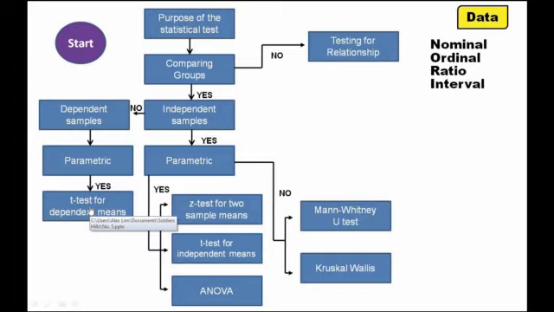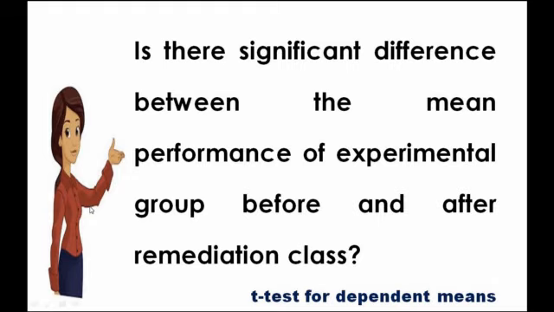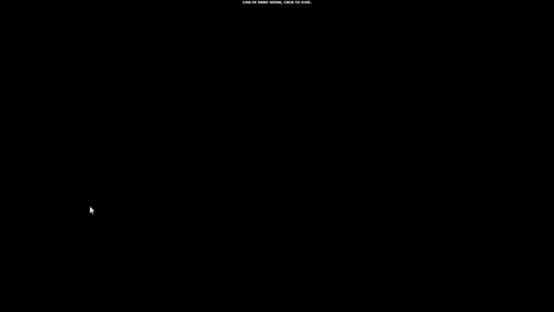An example of that is, is there a significant difference between the mean performance of experimental group before and after remediation class? Now, this is T-test for dependent means. We only have one group, and that is experimental group, and we consider the data before and the data after. That's why this is T-test for dependent means.